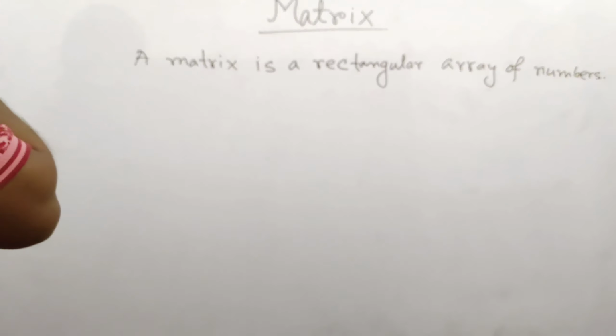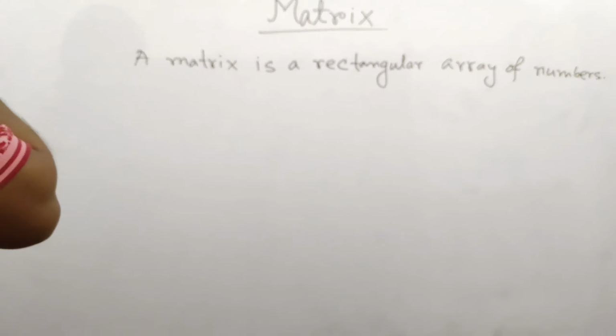So here the elements are x1, x2, y1, y2. If the question asks you to find the transpose of this matrix, then what will be the transpose? The T. So here the row should become column and column should become row. So you just make the row a column, that is x1, x2. Second row, that should be y1, y2.